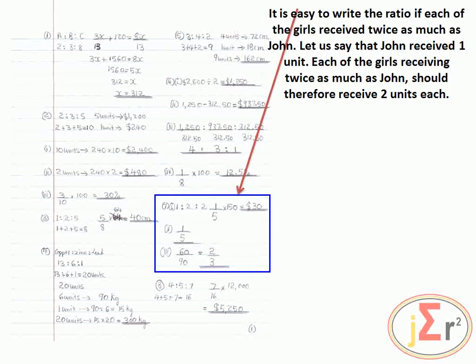If John received 5 units, then each of the girls receiving twice as much as John should therefore receive 2 times 5, which is 10. So 10 units each. So John would get 5, the other 10, and the other 10. But we are trying to make it as simple as possible by saying that John received only 1 unit. Therefore, each girl received 2 times 1, which is 2 units, and the other 2 units also. So that is our ratio.